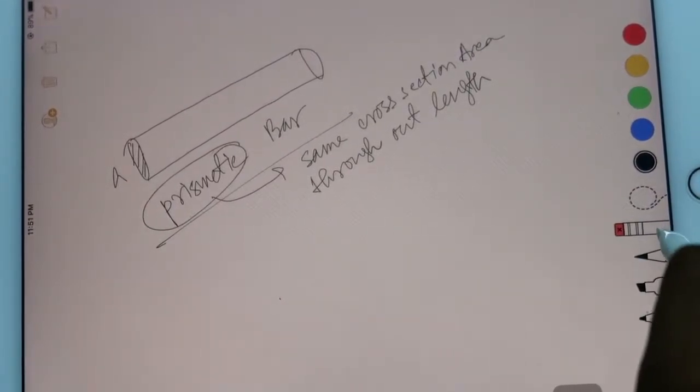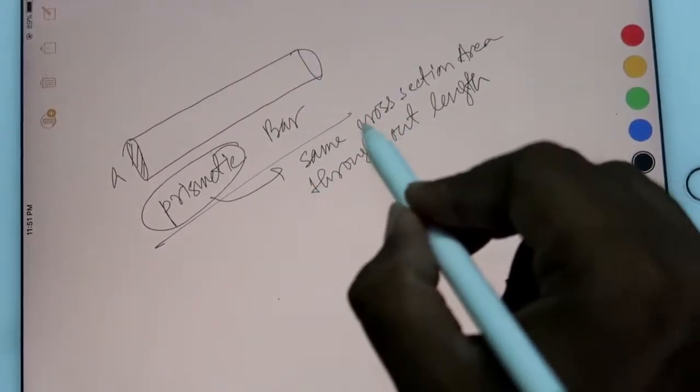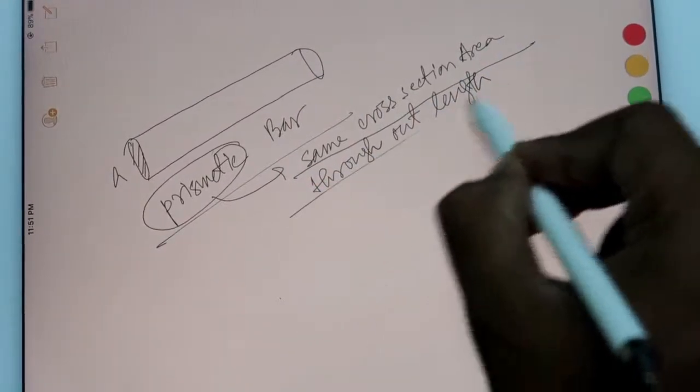The prismatic bar has the same cross section area throughout the length.